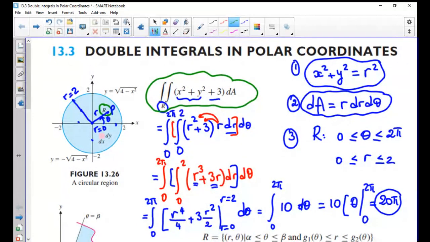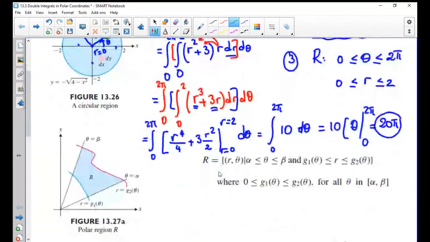So really important. What you need, like I said, is always replace dA with r dr d theta. If you see x squared plus y squared, then this should be replaced with r squared, and then you can calculate the integral.